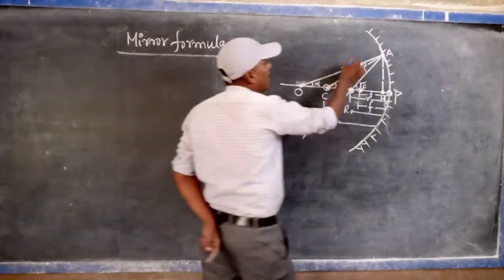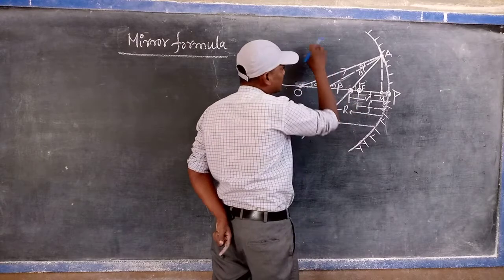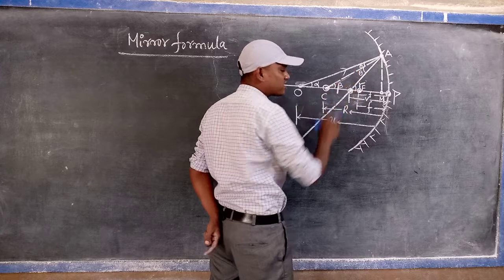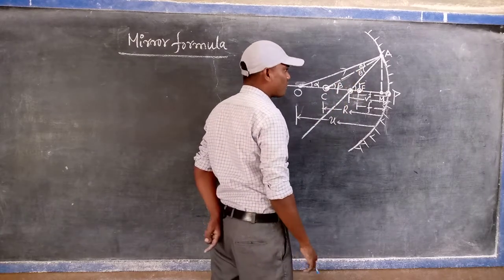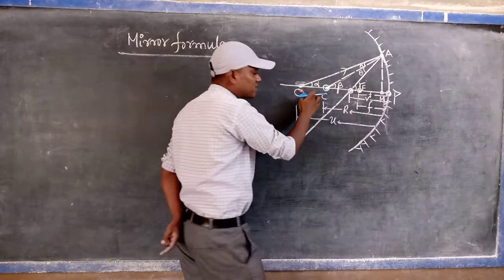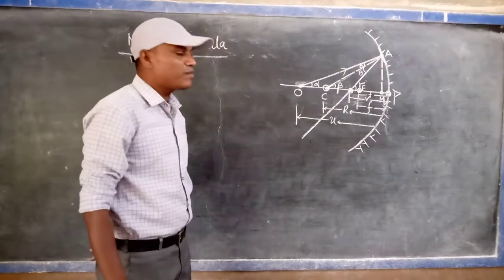We know that if an incident ray is parallel to the principal axis, after reflection it passes through the principal focus. But here, this incident ray is not parallel to the principal axis. So what will happen here?